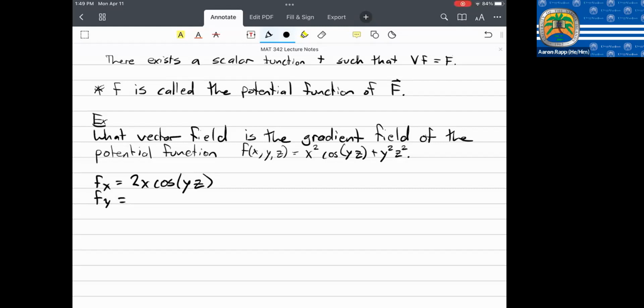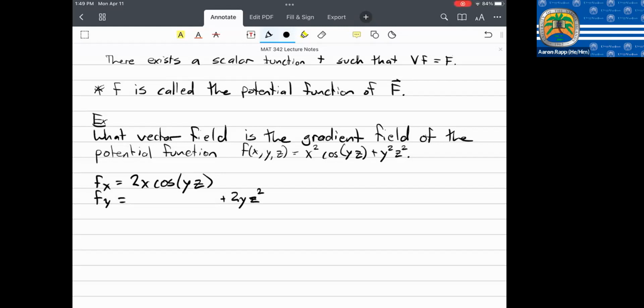Right side, it's a little bit easier, right? Because that's y squared times the constant, and derivative of y squared is what? 2y. So that second part after the plus just becomes 2y times z squared. And I'm just going to leave myself room so I can fill in the rest later. And if I need to erase and move it over, I can.